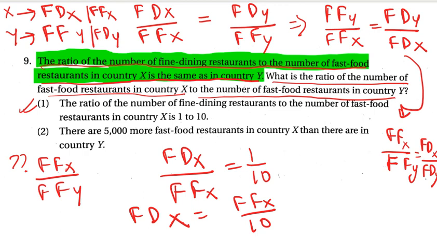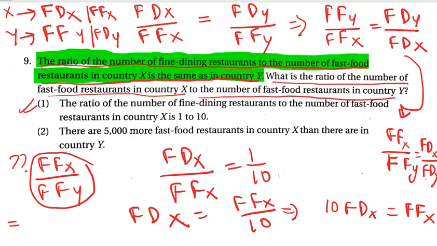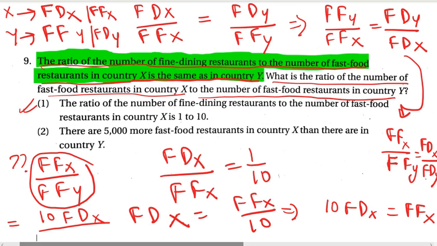That implies that 10 FD of X is equal to FF of X. Now if we plug the value in here, because this is what we need to find, FF of X has become 10 FD of X, divided by FF of Y.